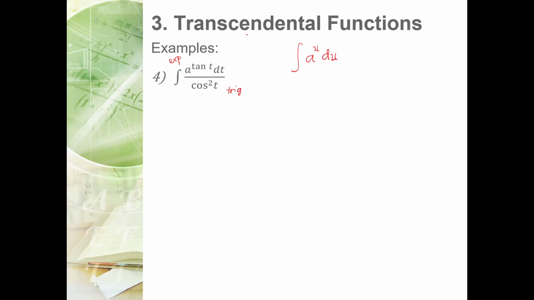So you might be confused on how you approach this problem, but my suggestion is you approach first the exponential function because it's more complicated compared with your trig function. And then usually if you try your u sub, most likely it will eliminate the extra term in the equation.